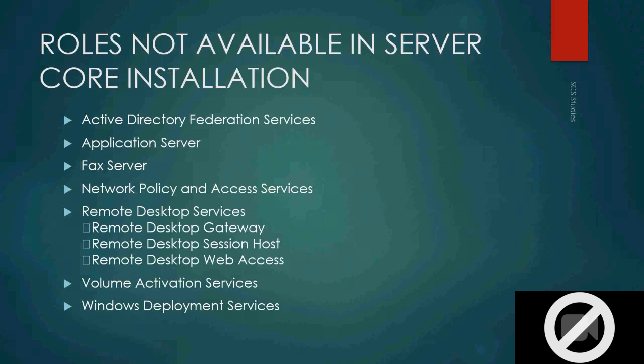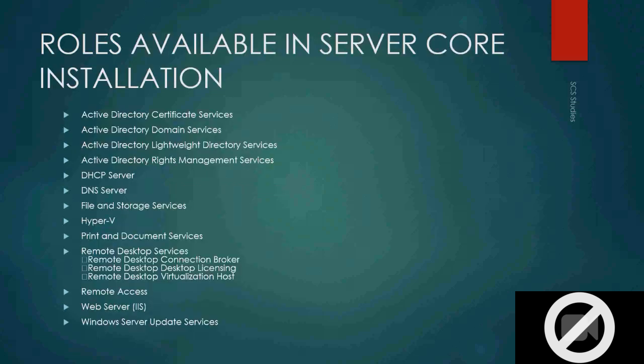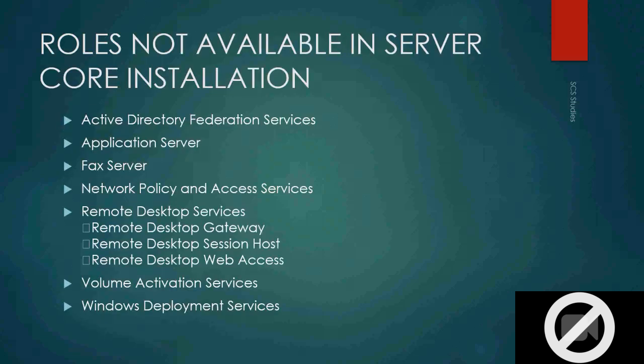Remote Desktop Services are no longer available in core: Remote Desktop Gateway, Remote Desktop Session Host, Remote Desktop Web Access. These are the services which cannot be configured in the core installation. We also do not have Volume Activation Services and Windows Deployment Services available in core edition. So these are the major differences between roles available and roles which are not available.